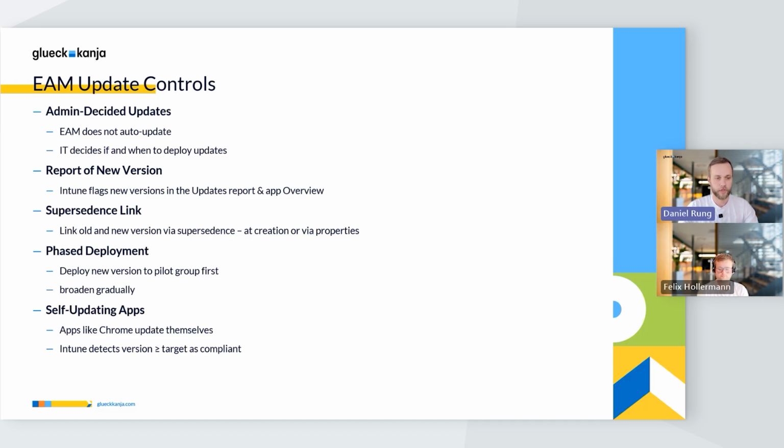We have a nice report, which I will show you in the next demo, of which software packages you already purchased or added from the ARM store, and which has a new updated version.